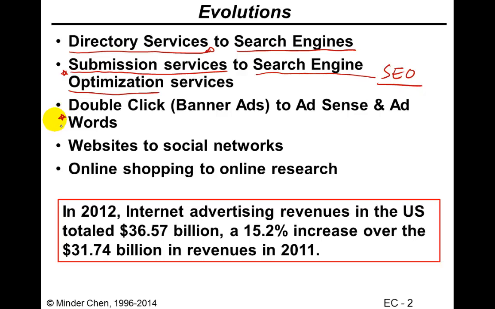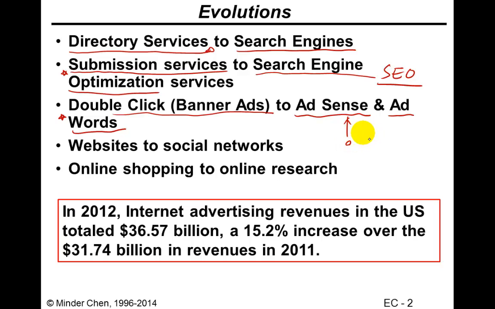From the advertising side, we're moving away a little bit from the banner ads. DoubleClick is a company specialized in this, and we're moving to the model pioneered by Google. Google has two programs. One is AdSense, the other is AdWords. Let me say a few words about AdSense and AdWords. AdSense allows third-party websites to place Google ads on their website.